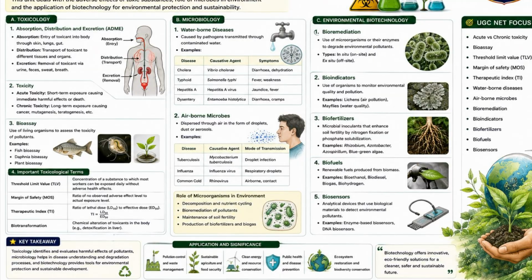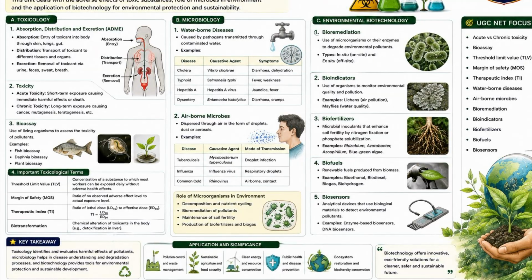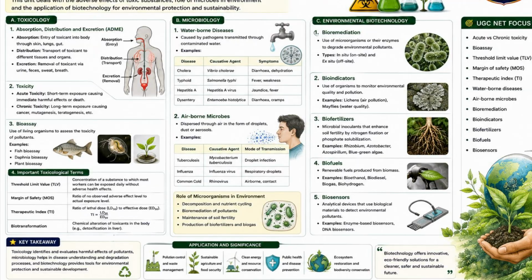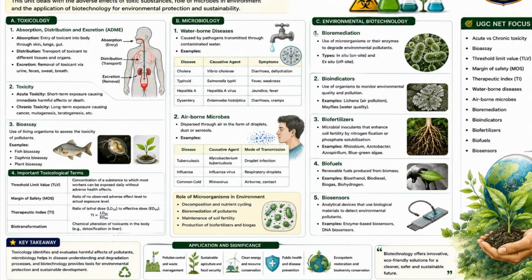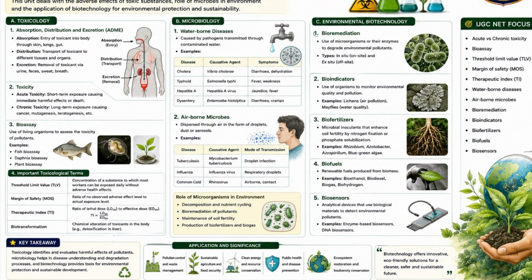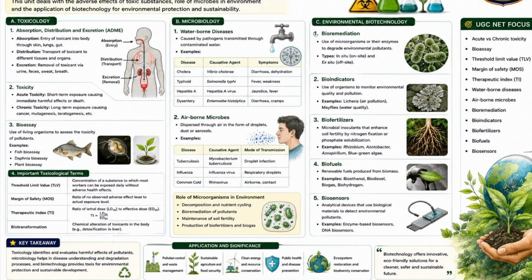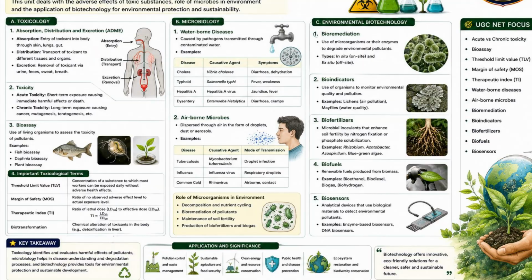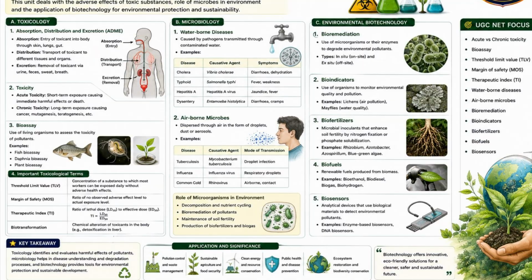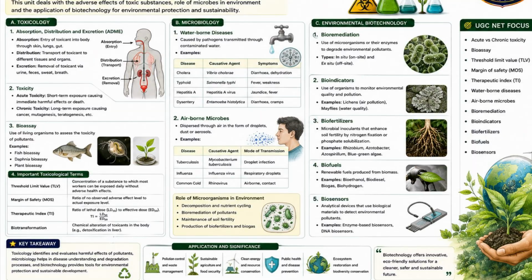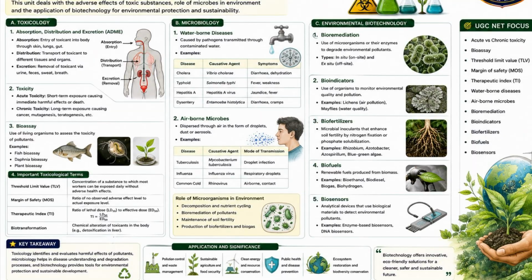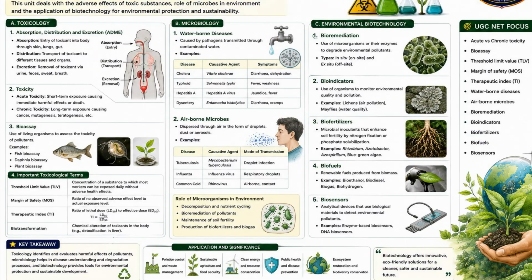Distribution refers to the transport of toxic substances through blood and body fluids to various tissues and organs. Biotransformation, also known as metabolism, involves the conversion of toxic compounds into more water-soluble forms, primarily in the liver, to facilitate their elimination. Excretion is the removal of toxic substances from the body through urine, feces, sweat, and exhaled air.